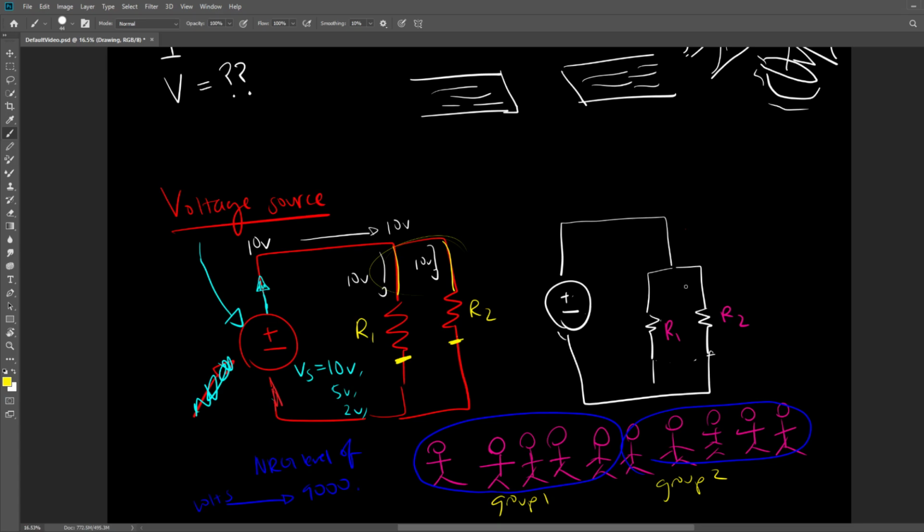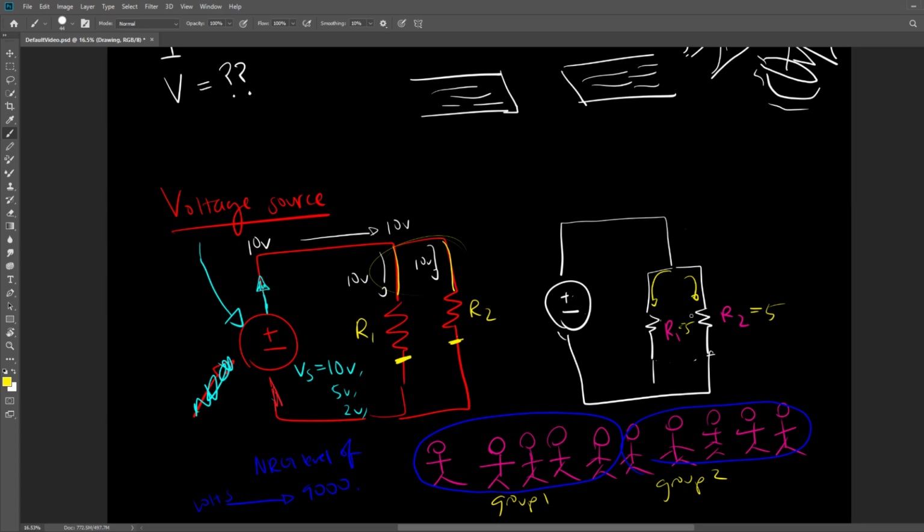Now, in this white diagram, does current change? Applying this analogy, yes. If R2 was equal to 5, and R1 was equal to 5, the resistance is the same, so the number of electrons that flow through here and through here would be equal.